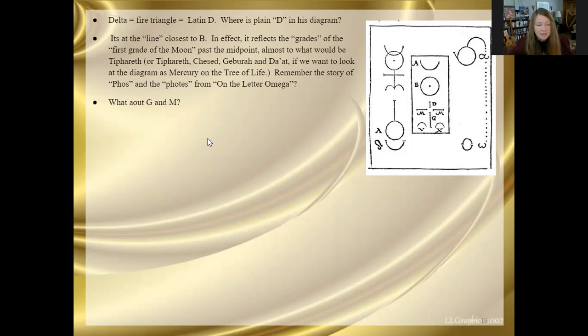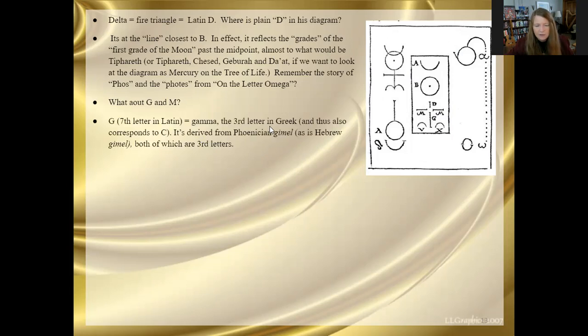All right, what about G and M? Well, G is the seventh letter in Latin, but in Greek, it corresponds to gamma, which is the third letter. And that's because gamma can also refer back to C and the way languages develop.